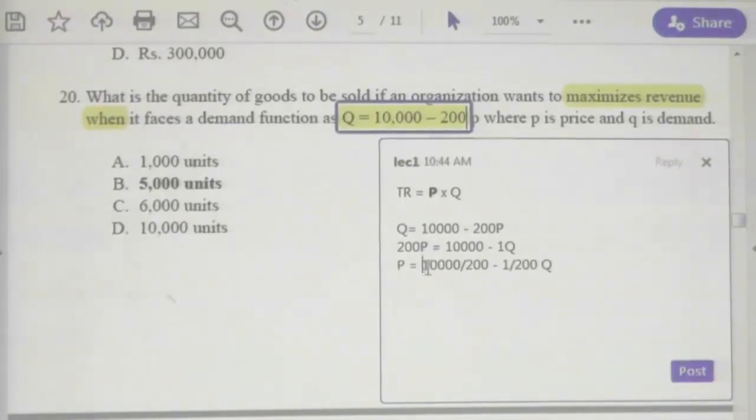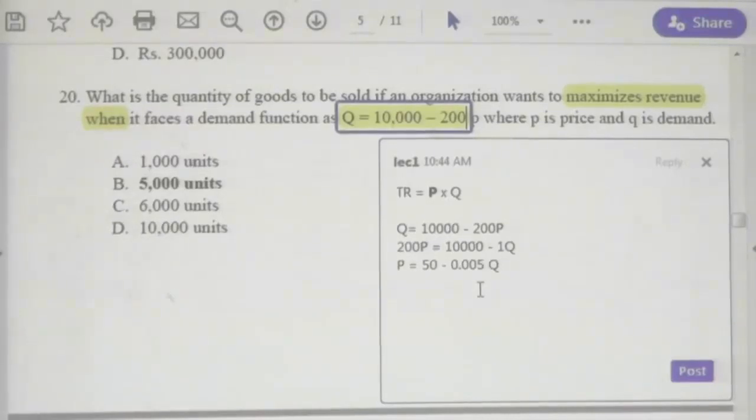Now 10,000 divided by 200, how much? It is 50. Then 1 divided by 200, how much? It is 0.005.